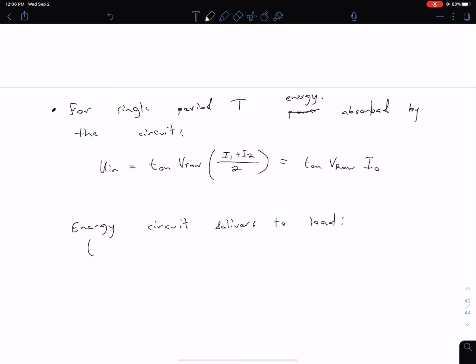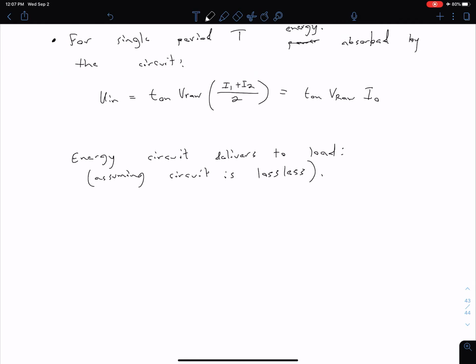So we're assuming only ideal components, and I think that might not actually come in until here in a second, but we'll go ahead and put it down here. So our output energy then is going to be the period T times V_out and I_out, where we can think of V_out and I_out as sort of our average voltage and our average current over time, and of course we multiply that by our whole period T.